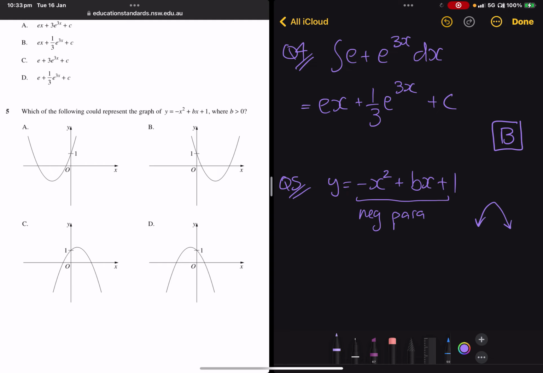So we can find the derivative of this. We can say y prime is minus 2x plus b. The min or max occurs where this is equal to 0. This implies that the min or max occurs at the point where b is equal to 2 times whatever x is.